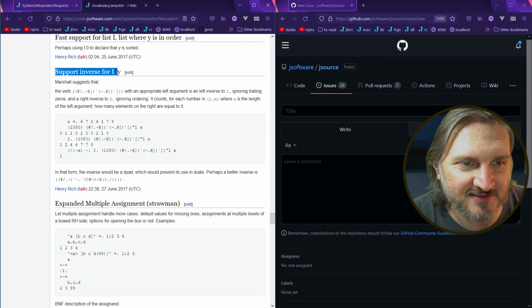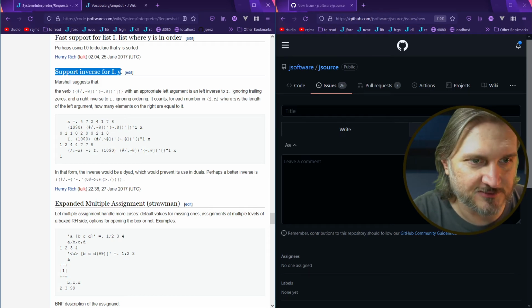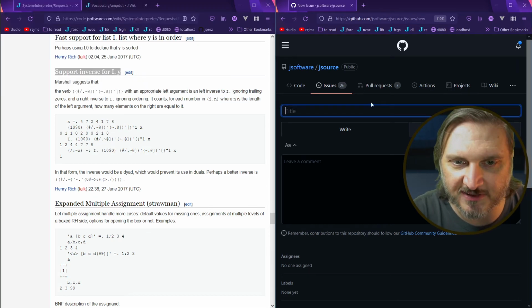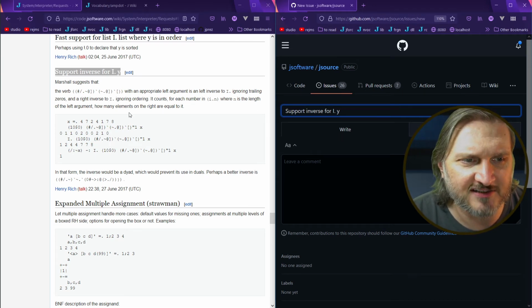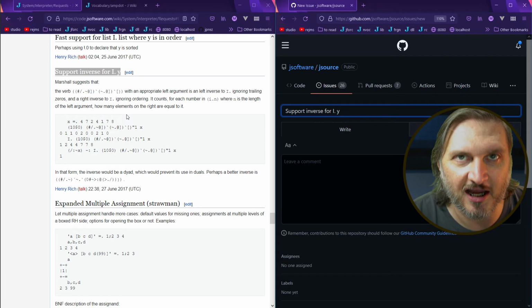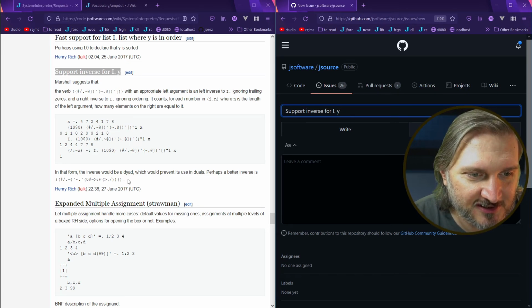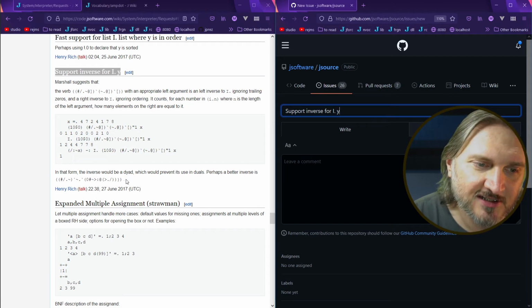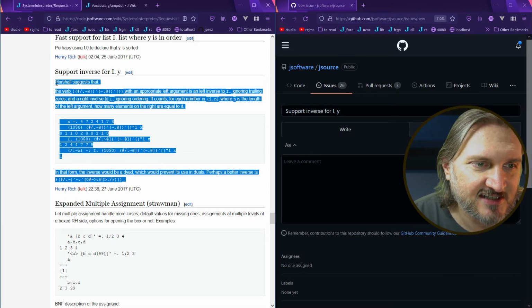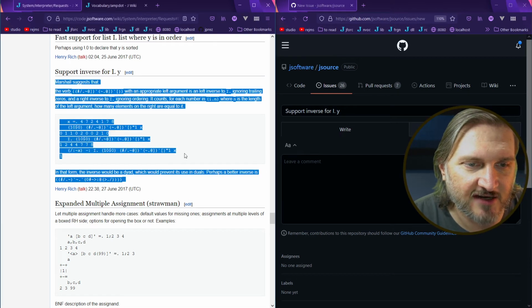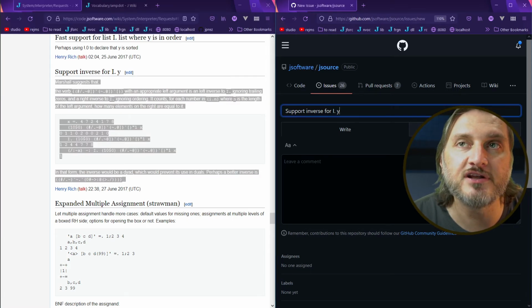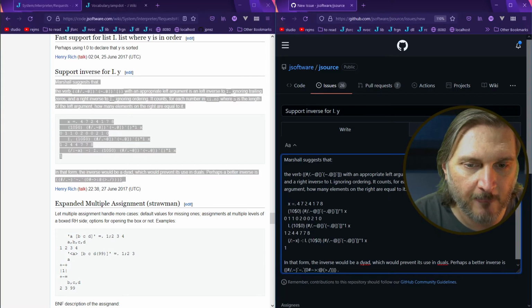They were talking about this on the Arraycast in one of their interviews. I think I asked for this, and many other people have asked for this. Roger Hui didn't like this because it doesn't have a clean inverse, but it kind of has a natural inverse. It doesn't have a unique inverse, but it has a natural inverse, right?